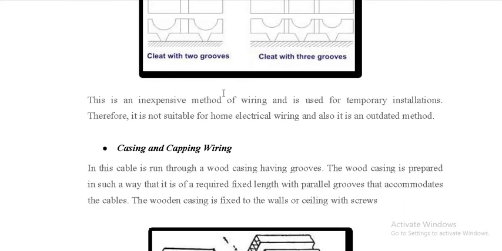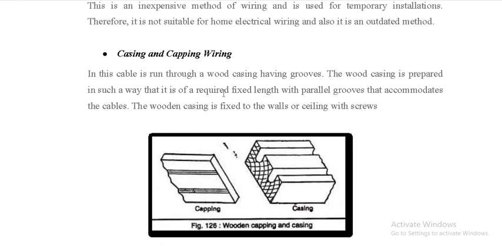Another is casing and capping wiring. This is a very old type. You can see such wiring in very old houses, maybe your grandmother's house. You can see this type of wiring where the wires are passing through wooden grooves. The one is called the casing and the cap is called the capping.